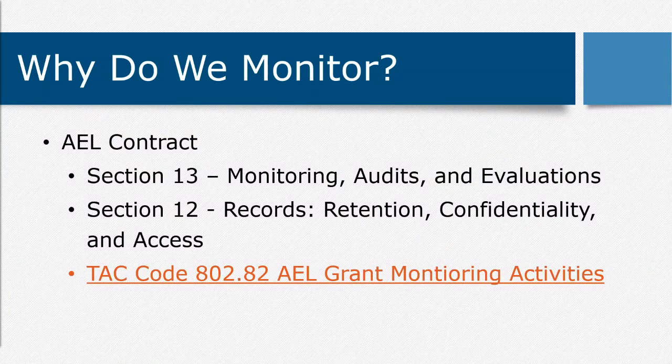Such rights of access and examination are granted to the duly authorized representatives of TWC and other state and federal auditing agencies. Also, under section 13, under monitoring, audits, and evaluations, subsection 2 states, the agency reserves the right to conduct an independent audit of all funds received by the grantee under this grant award.